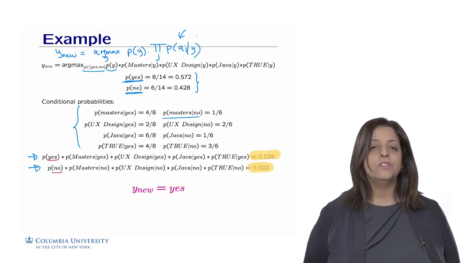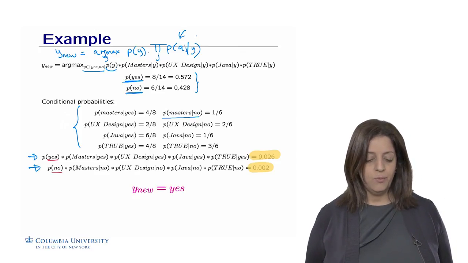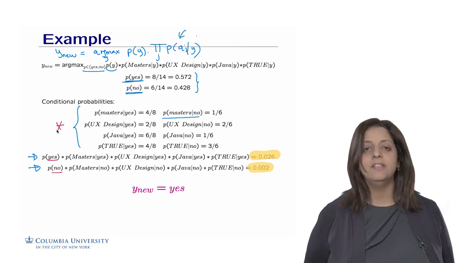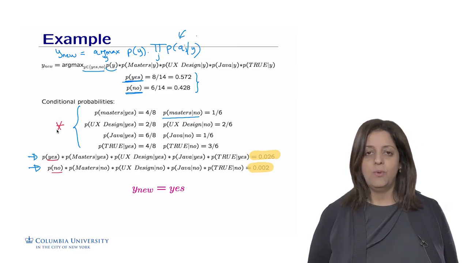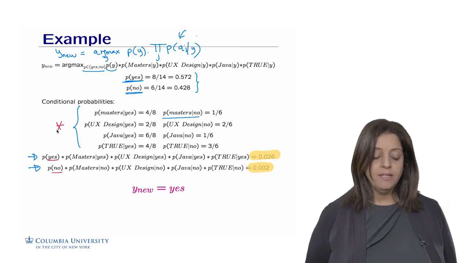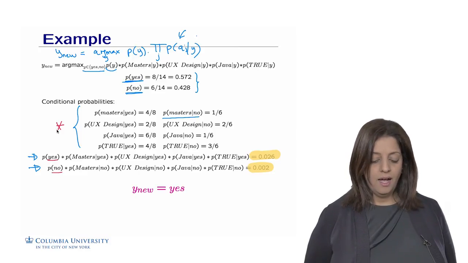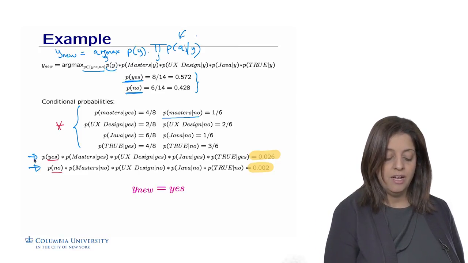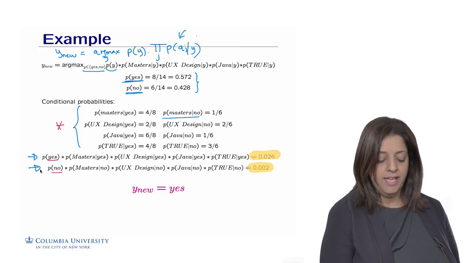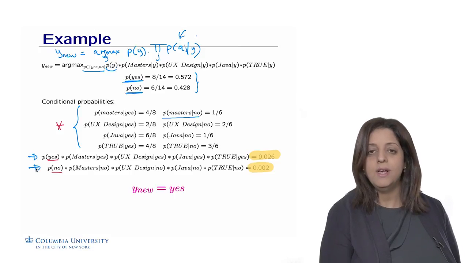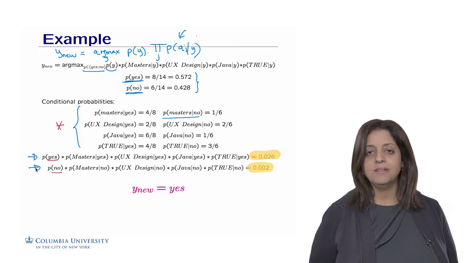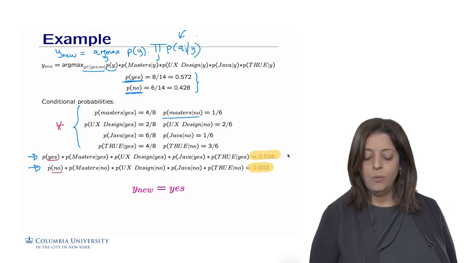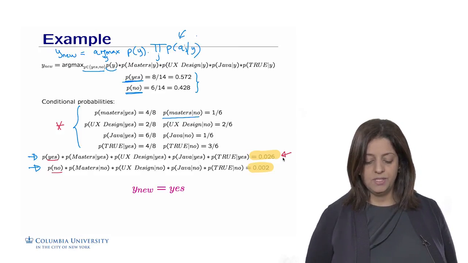To summarize, this is how the naive Bayes classifier works: calculate all probabilities for each possible feature value given the labels, yes or no in this case, and plug these numbers into the formula for the two classes. The first formula models the probability of yes, the second models the probability of no, and we get the y that maximizes this probability. It happened that for the label yes, we have the highest probability.